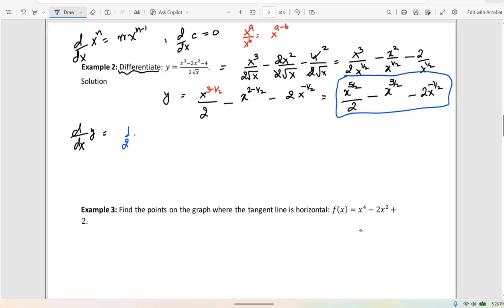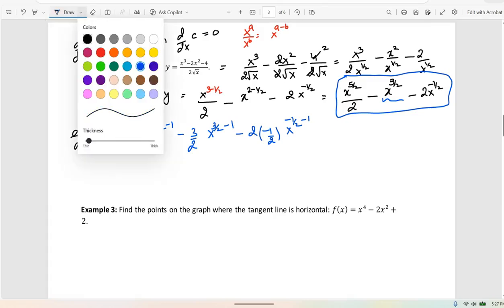The power here is 5 by 2. 5 by 2 comes down, power 1 less, minus, let's look at this, power comes down, power 1 less, minus 2 times, power comes down, power 1 less. Okay. We are done with the differentiation formulas.